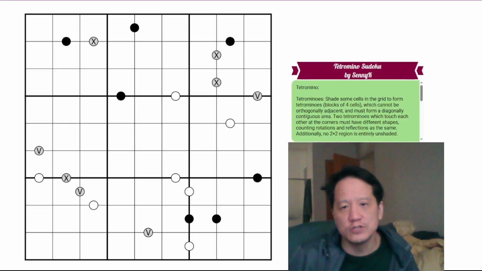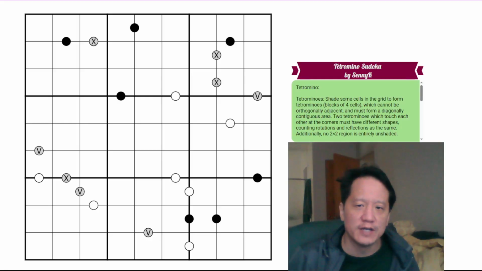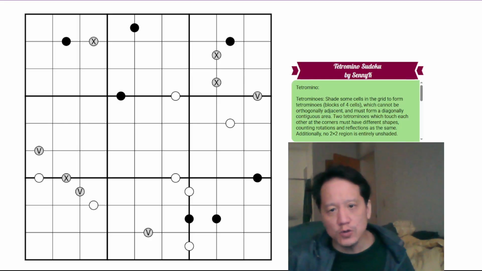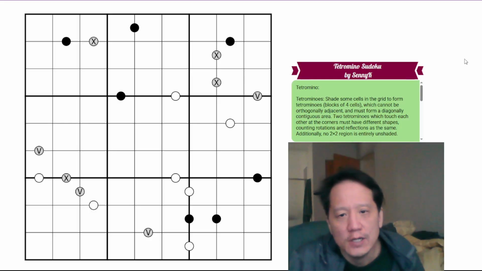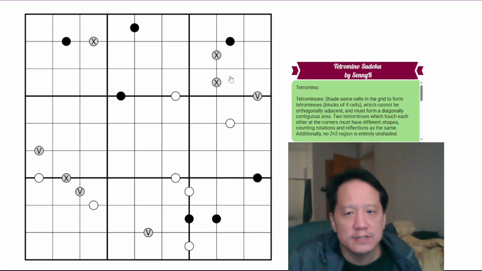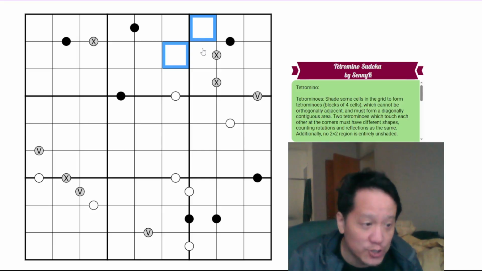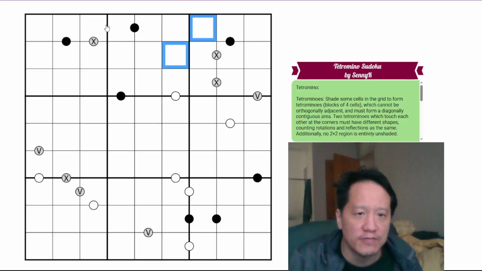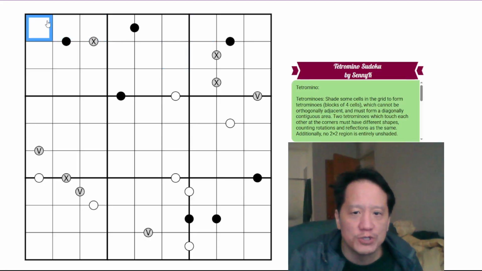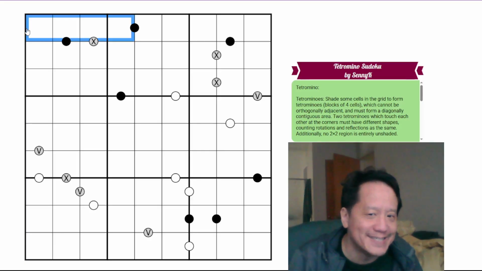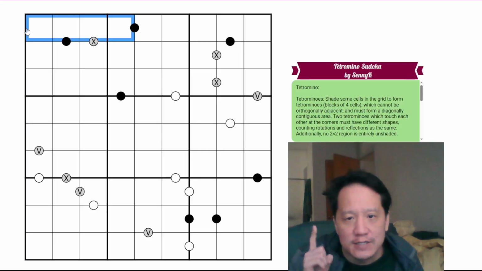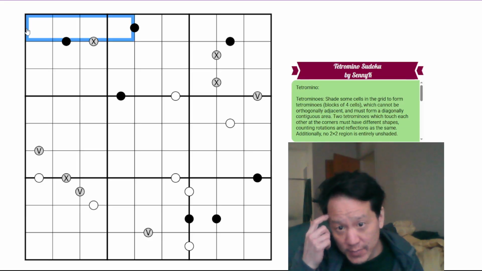And it's called Tetromino Sudoku by Senny K. And here are the rules. We have Tetromino, where we need to shade some cells in the grid to form tetrominos, which are blocks of 4 cells, which cannot be orthogonally adjacent and must form a diagonally contiguous area.